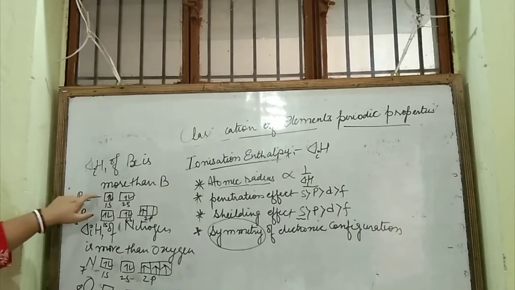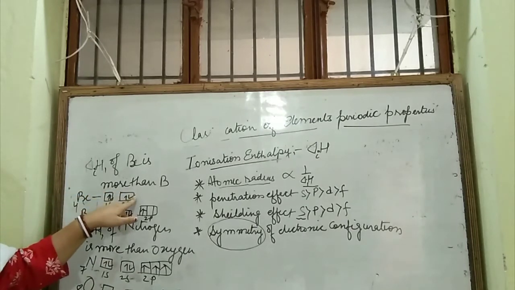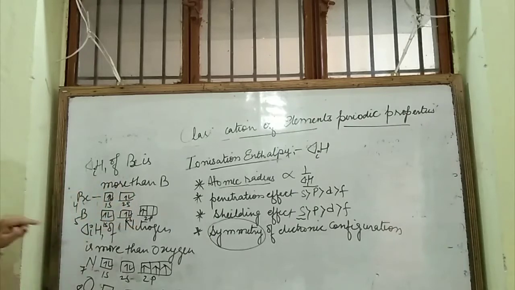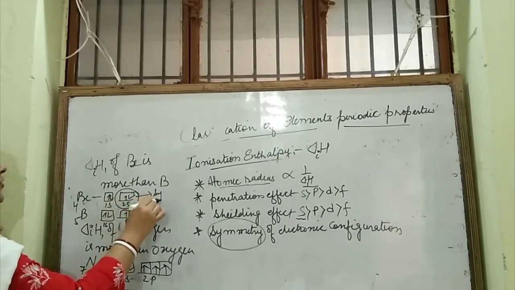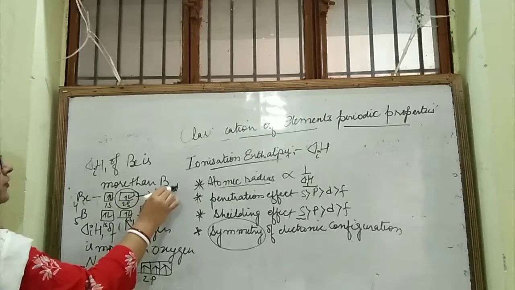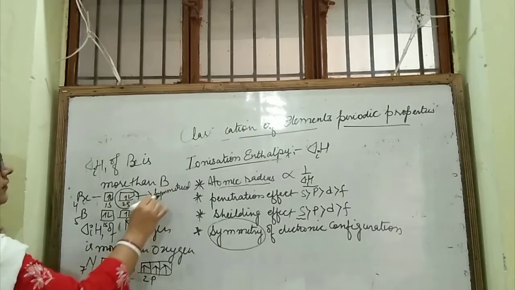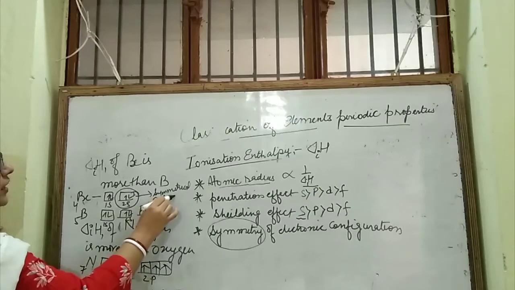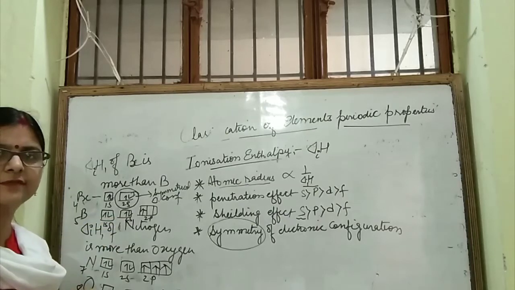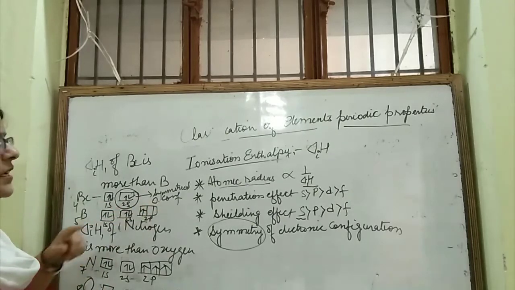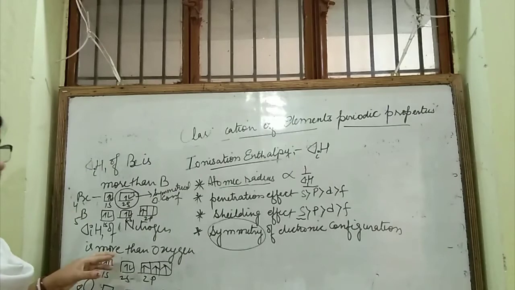Here beryllium has 2 electrons in the 2s subshell, so it has a symmetrical electronic configuration. So it is stable. But boron has only 1 electron in the 2p subshell, so it does not have a symmetrical electronic configuration.